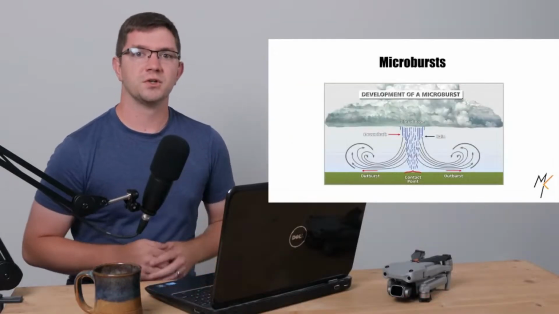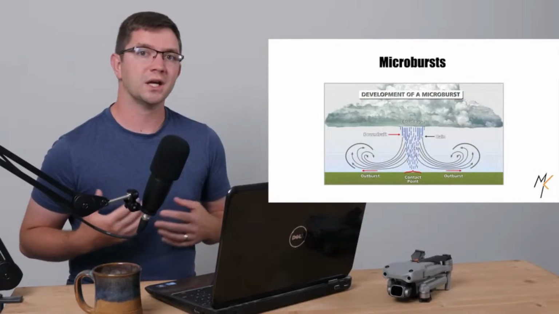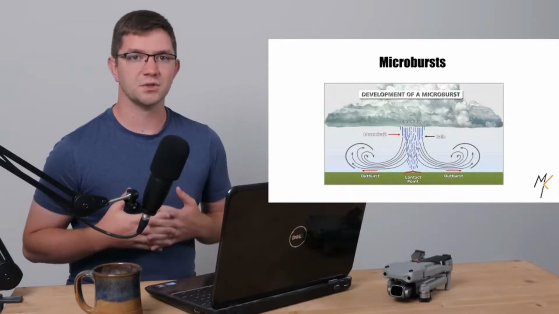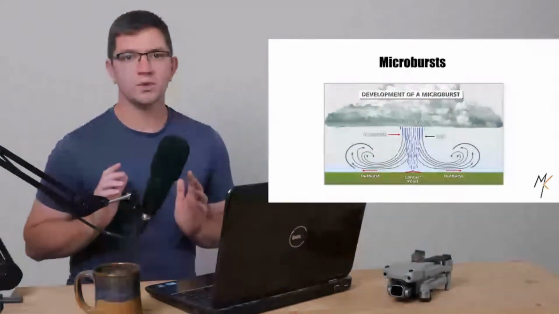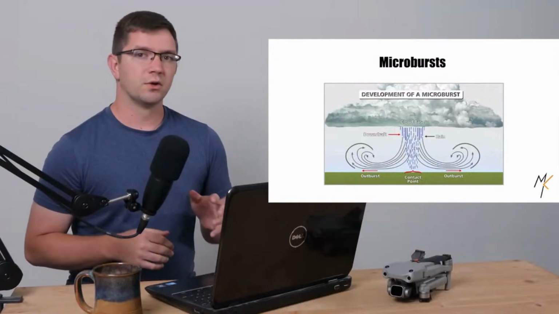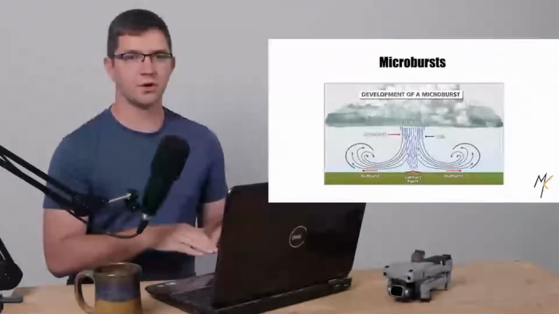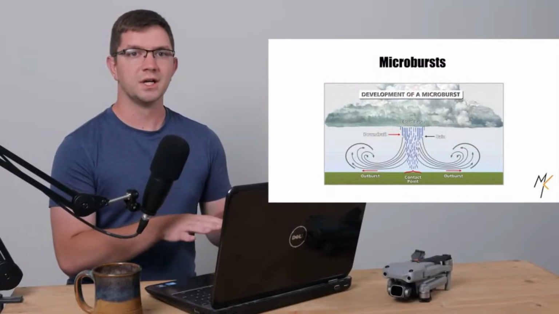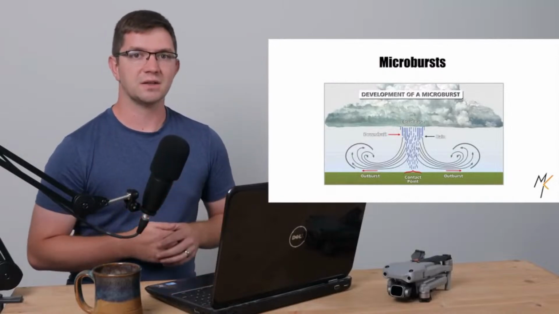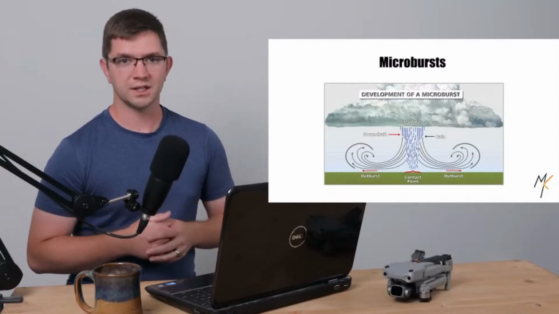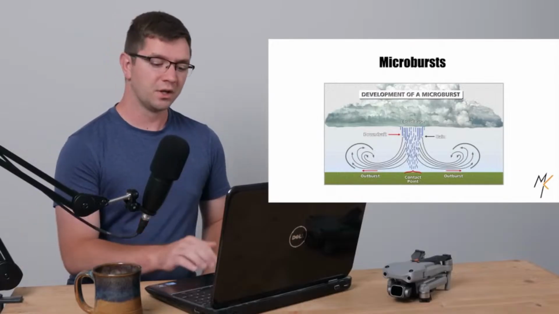Microbursts. These are also something that can occur during a storm, and they're most deadly to pilots and drones because it's something you can't really spot. Microbursts are small, intense downdrafts that, once they get near the ground, start to spread outward in all directions, and they have been the result of several deadly air disasters in aviation.